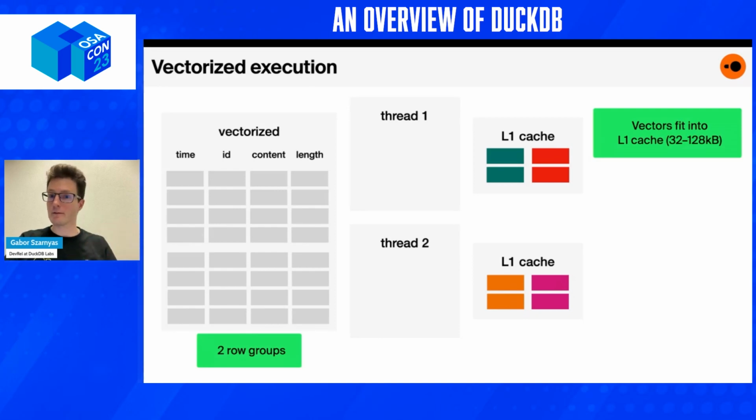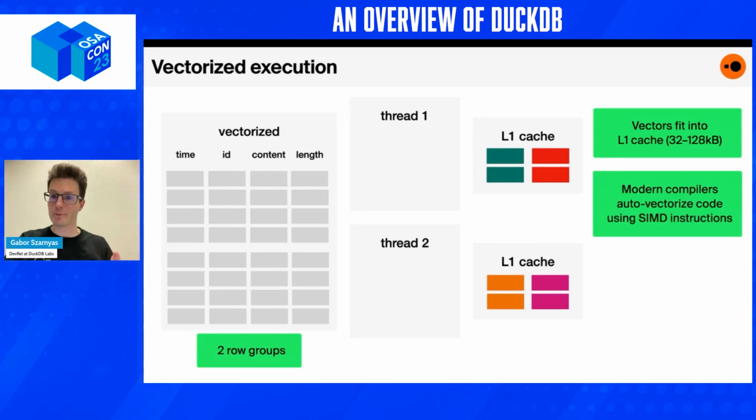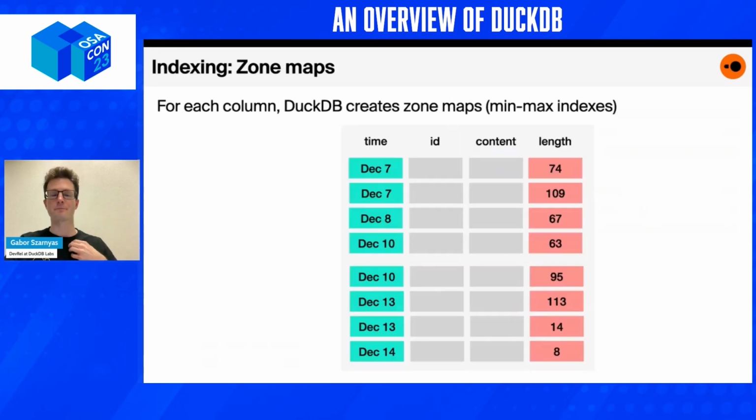So this is great because it gives a very fast processing, especially that modern C++ compilers can auto-vectorize code using single instruction, multiple data instructions. So this is a very efficient way of crunching through data with big bulky operations like aggregations and joins.